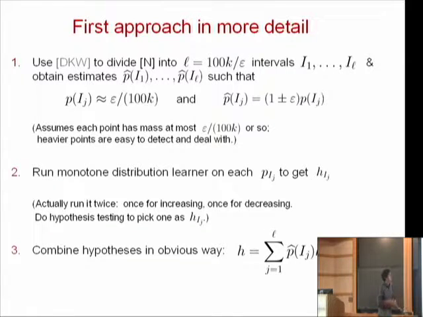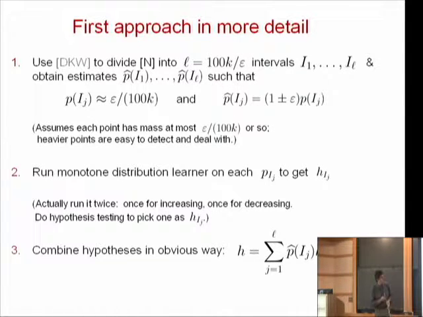What are we going to do then? Well, we're just going to run the monotone distribution learner on each of these subintervals. Now, you might say, there's this annoying thing: I have an interval, and I don't know whether it's monotone increasing or monotone decreasing on that interval. It's not a big deal. You just run the monotone learner twice, once the monotone increasing learner and once the monotone decreasing learner, and you can do some simple hypothesis testing to see whether one of these hypotheses is a lot better than the other.